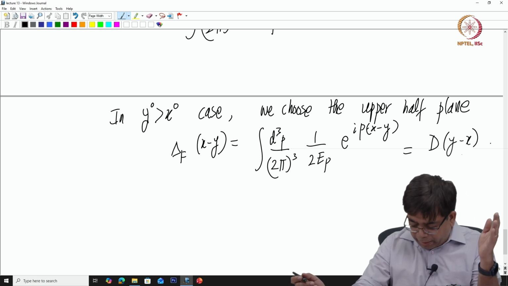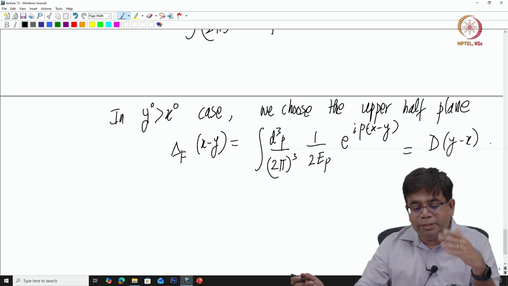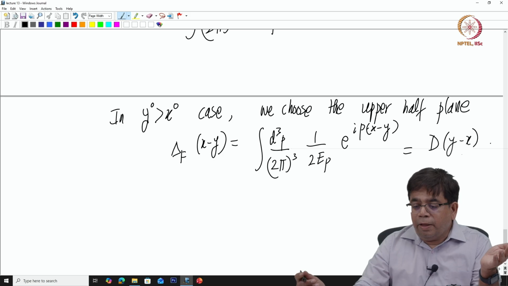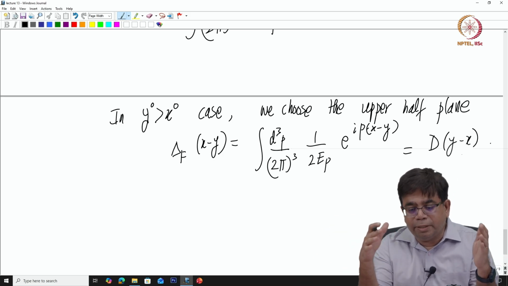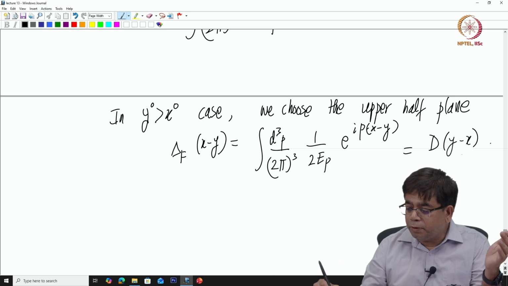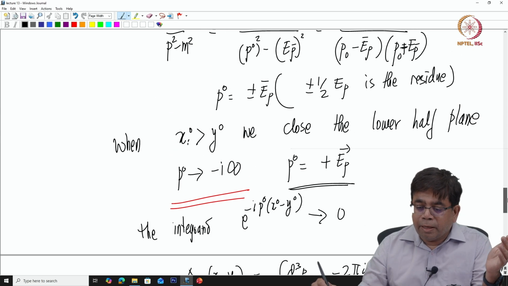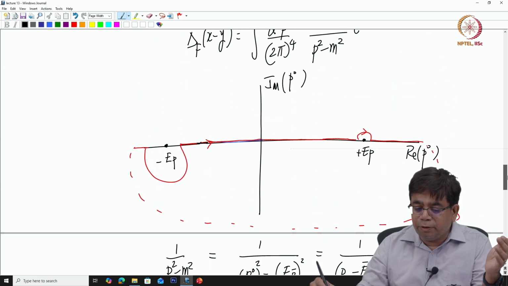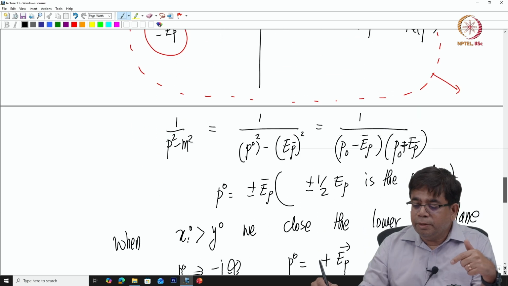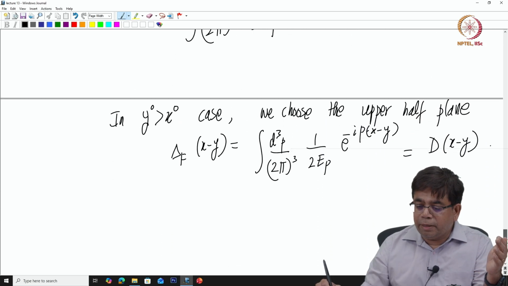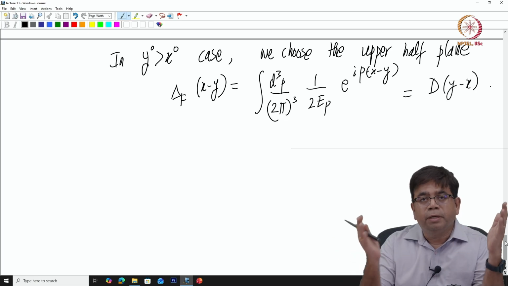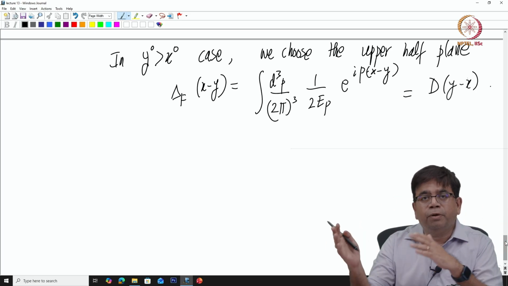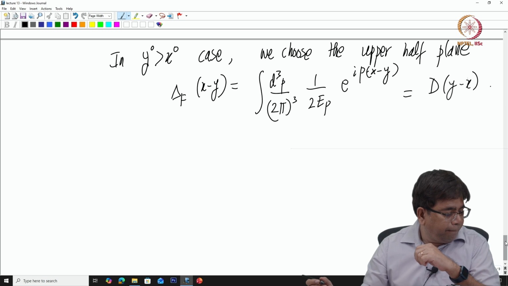Whether x0 is less than y0 or y0 is less than x0, we end up reproducing the Feynman propagator, because we choose the contours in such a way that you only pick up one of the poles, so you reproduce the same propagator for both cases.